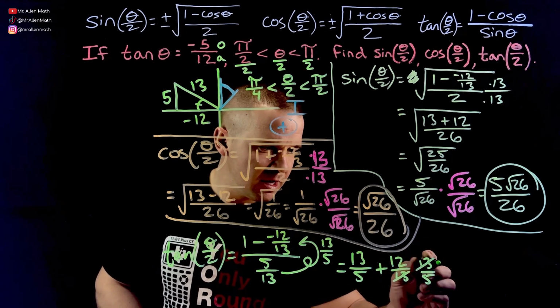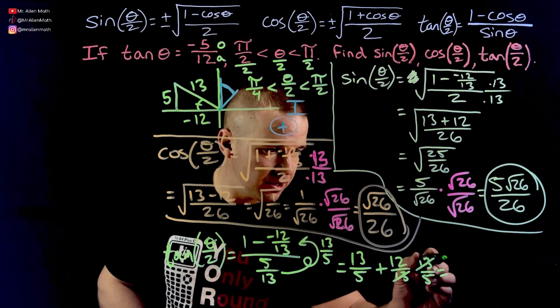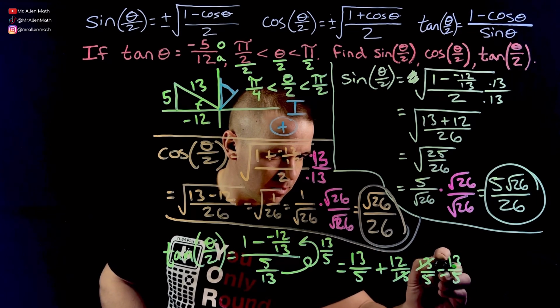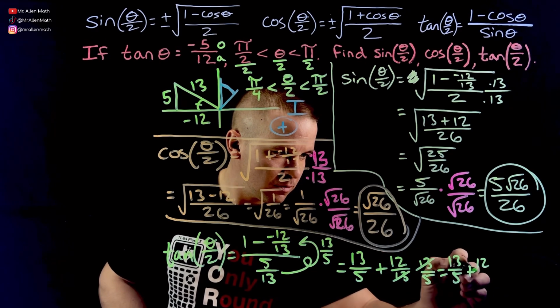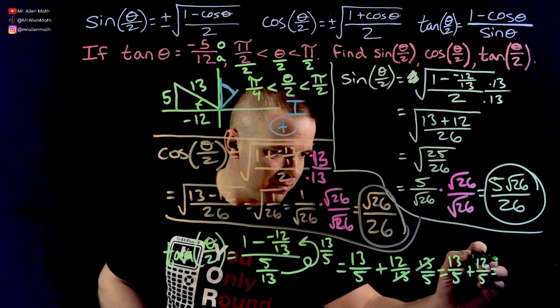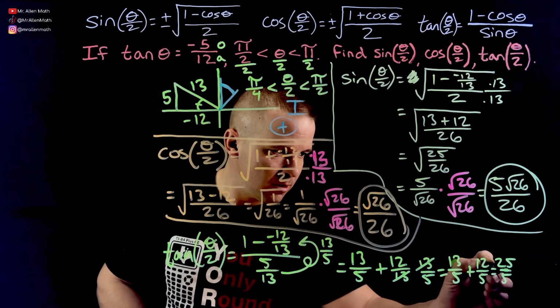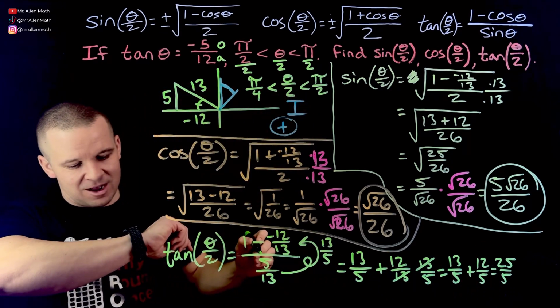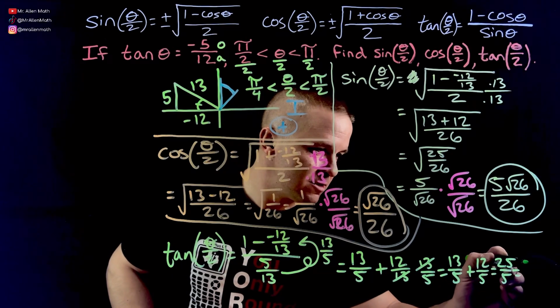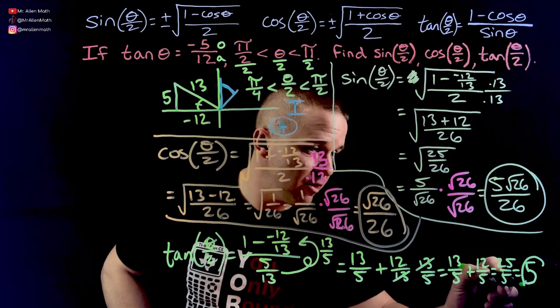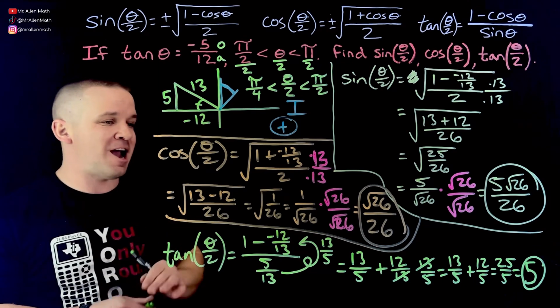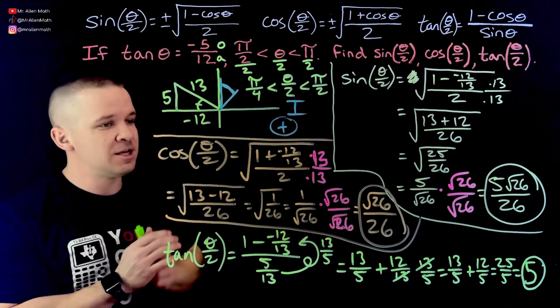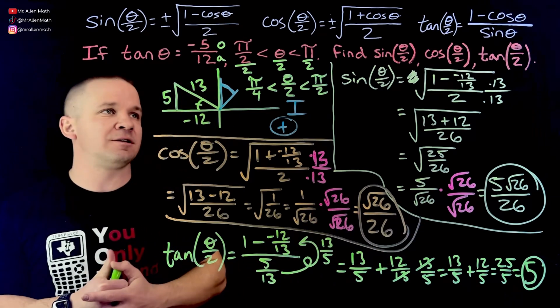Those cancel, leaving me with 13 over 5 plus 12 over 5, which equals 25 over 5. Can we still see it? Yes, we can. Equals 5. That answer is quite satisfying, and it fits on my camera. All right, 5 is the final answer.